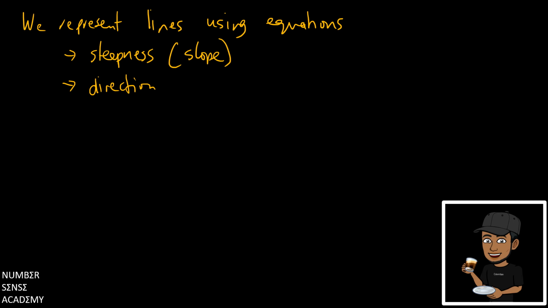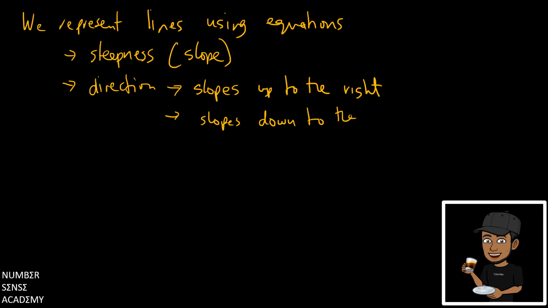Typically there are two directions. Either it slopes up to the right, or it slopes down to the right.